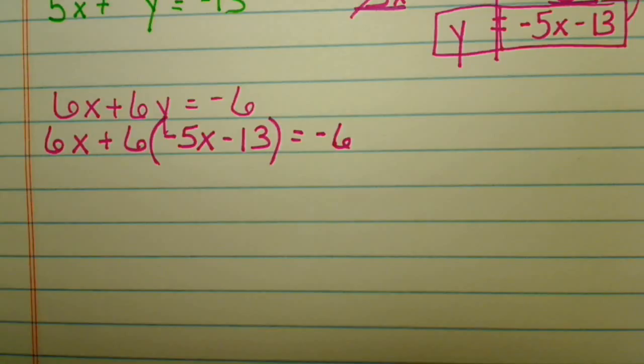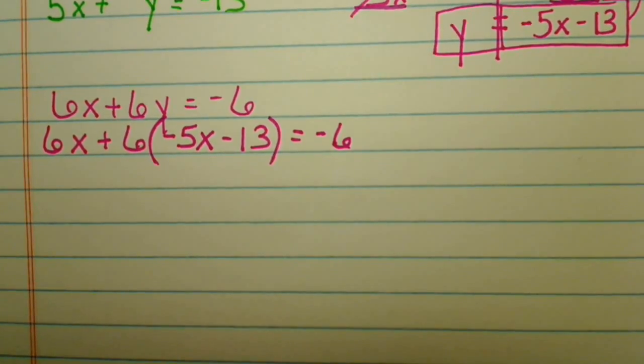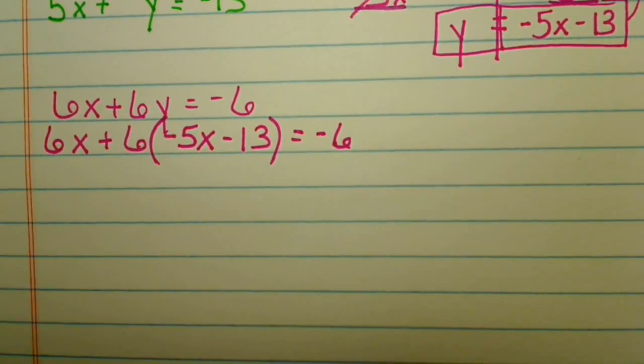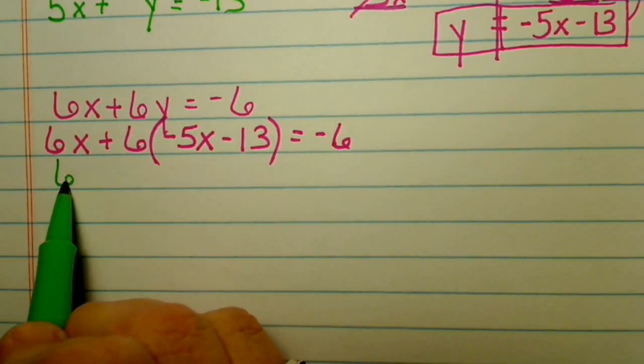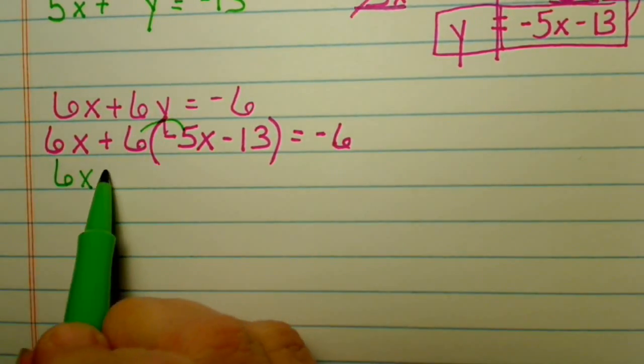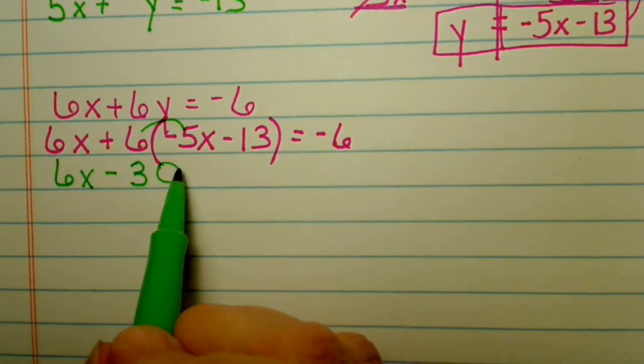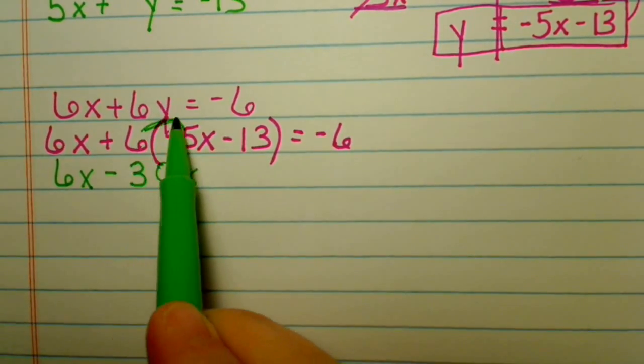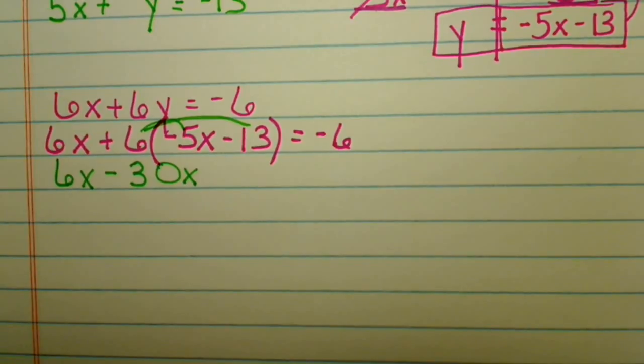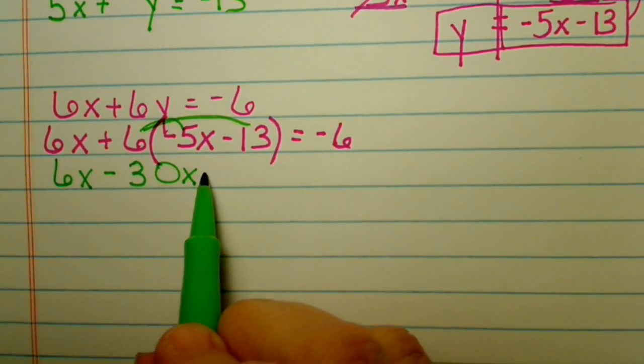Now we want to solve, following the steps for solving a multi-step equation. And that would be as follows. First thing, you want to use the distributive property, which we can do. So we're going to bring down the 6x, and you're going to multiply that and get -30x. Then you're going to multiply 6 times the -13. A positive times a negative is a negative.